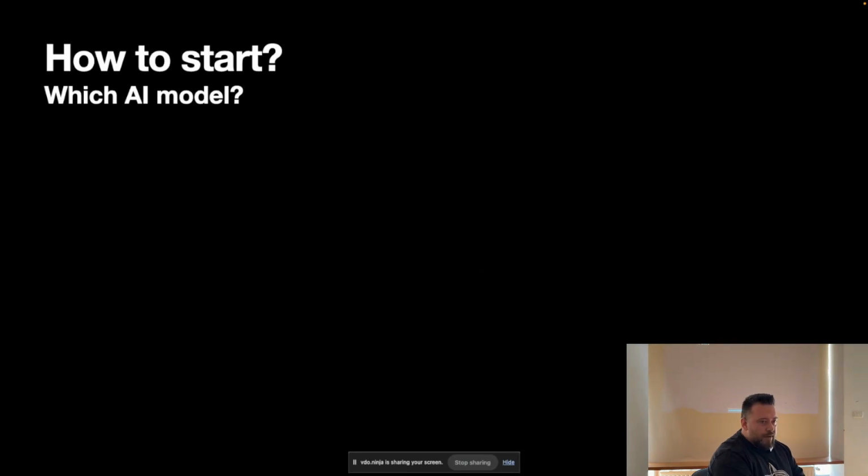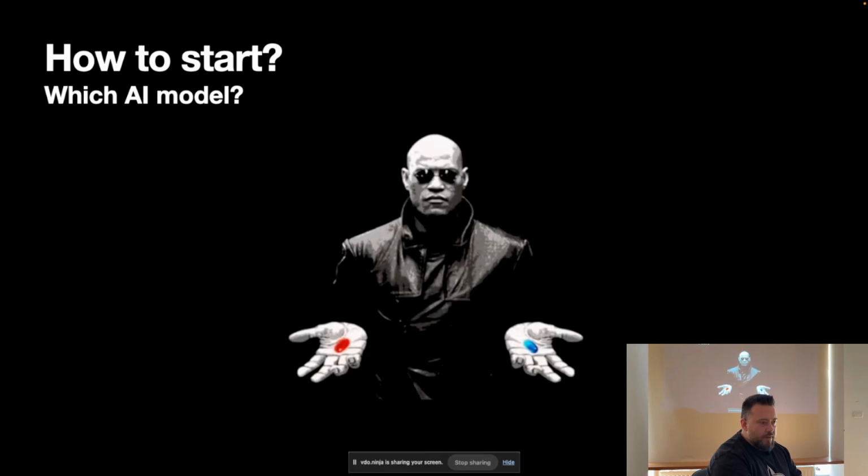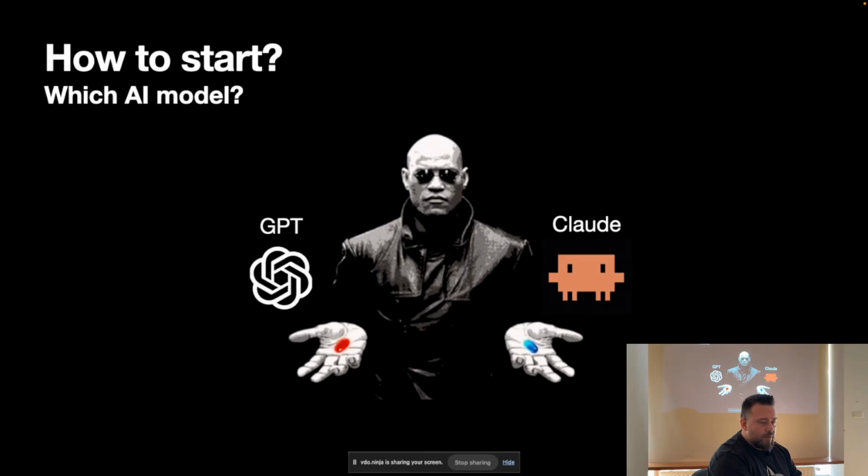Okay, which AI model should you use? That's probably a frequent question. Realistically, you have two options. If you're a professional developer and you need to get stuff done, you probably choose between Claude or GPT.